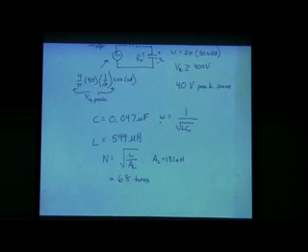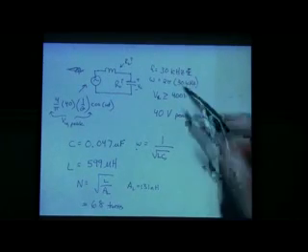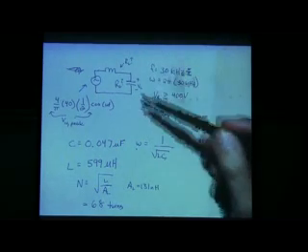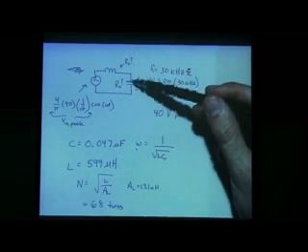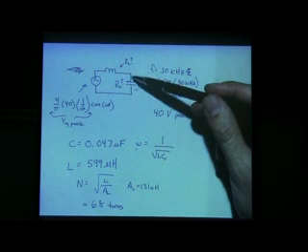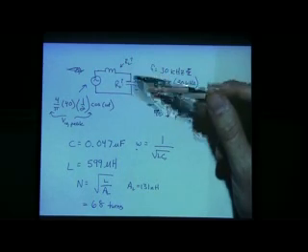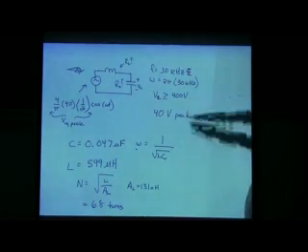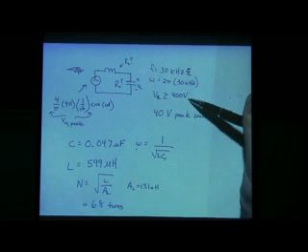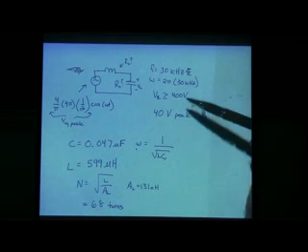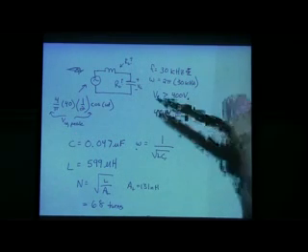So I can plug in omega equal to 2 pi times 30,000, and C equal 0.047 microfarads, and then solve for RC. If I do that, I get RC equals 1.13 ohms.